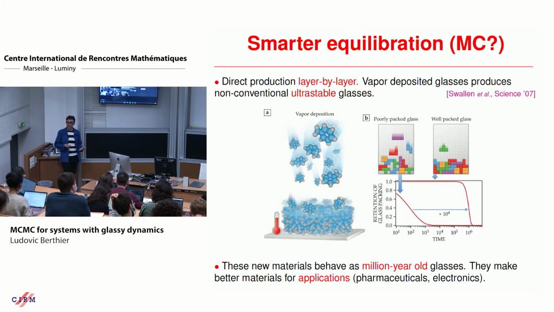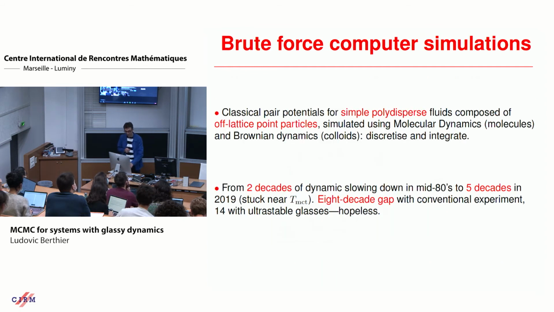You do in an afternoon something that would have taken a million years by just normal ordinary cooling. So it's a smart way to bypass the dynamic slowdown, and they do it. And again, the speed up they get is a factor something like 10 to the 8, 10 to the 10. So it means by this process, experimentalists can really try and go deeper below the conventional glass transition. So this is what we'll try and do in computer simulation.